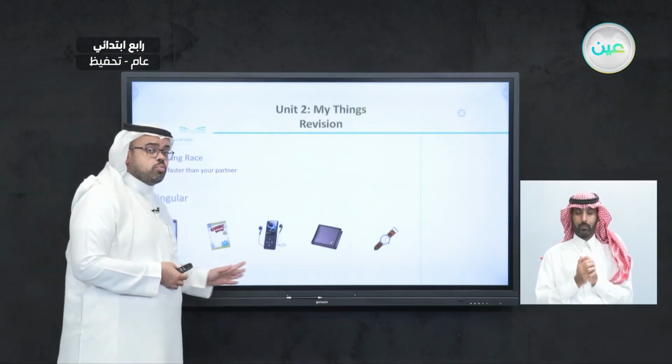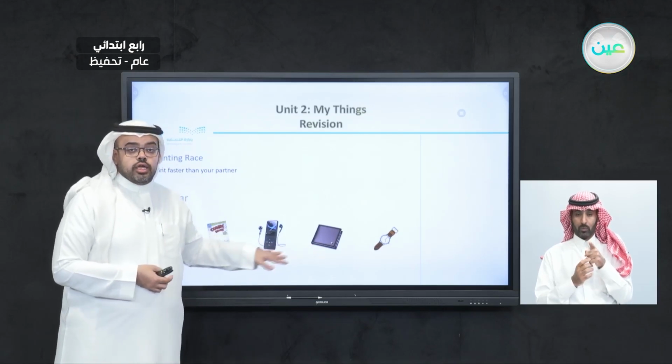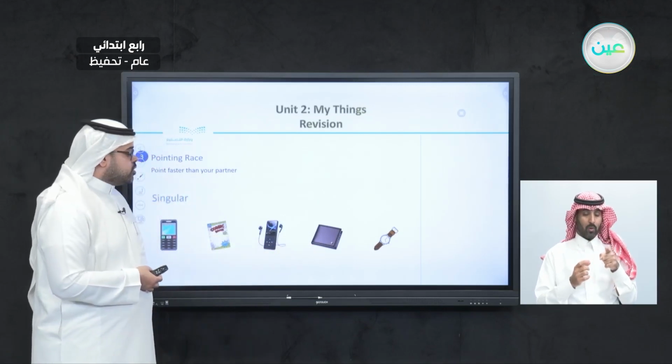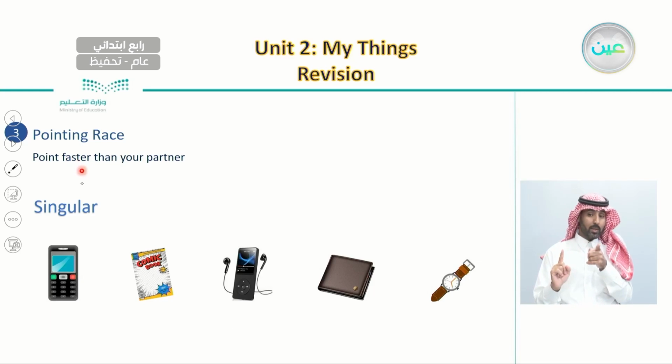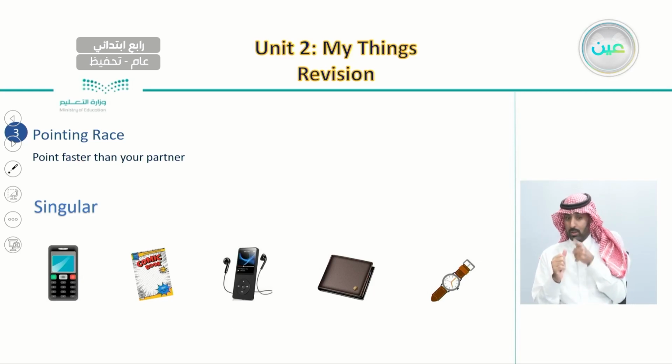You're going to point at any one of these. For example, you would say, what is this? Then the other person will point faster than the others and say, it is an MP3 player.